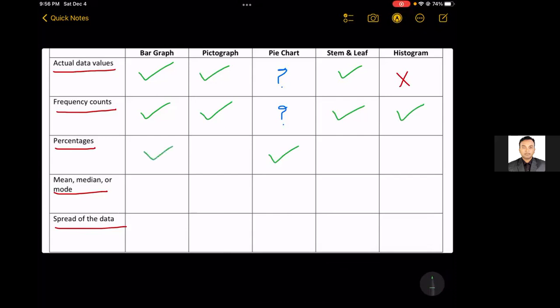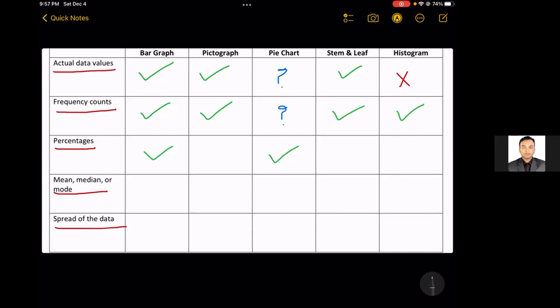It depends on how it's represented, we can definitely calculate the percentage if every category has a certain frequency and we don't have any overlaps in between.